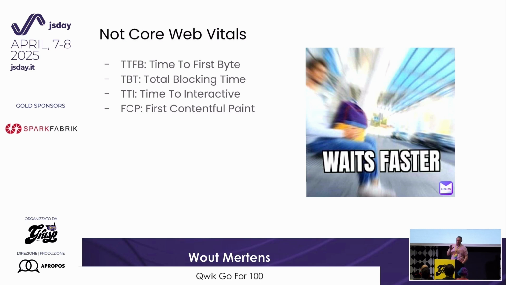So we have how long it takes to get the first byte of your web page, how long the main thread is blocked running JavaScript, how long it takes to become interactive, like you do something and there's actually stuff happening, how long is that first period of time. And then we have the first contentful paint, that is the same thing as largest, except the first. The largest one is where Google determines now there's something visible that the user would like to see.